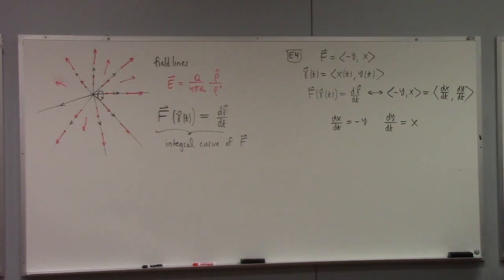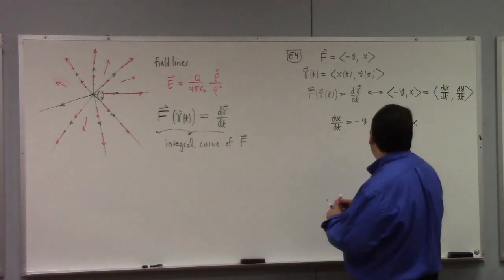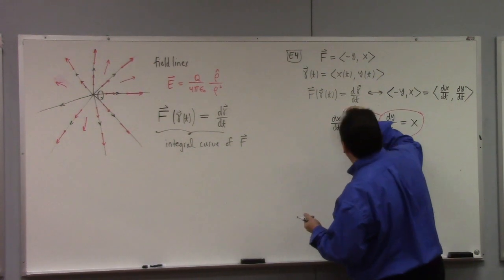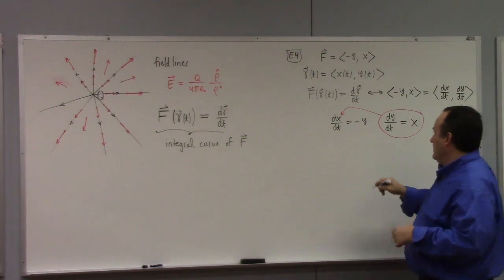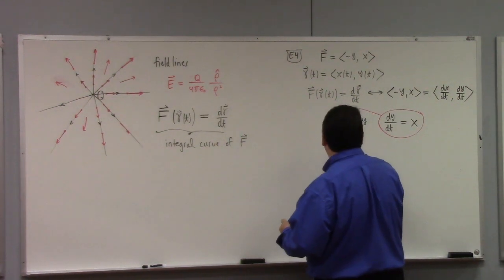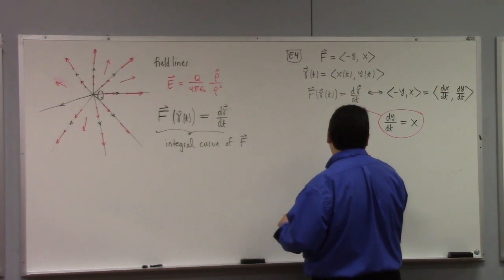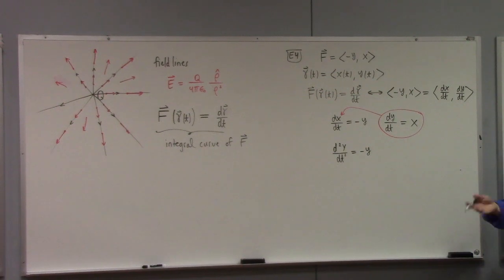Because to solve it directly, all you do is take, say, this one, and plug it into that one. And what you get then is d squared y dt squared is equal to minus y. And if you had my Calculus 2, you've worked this out.